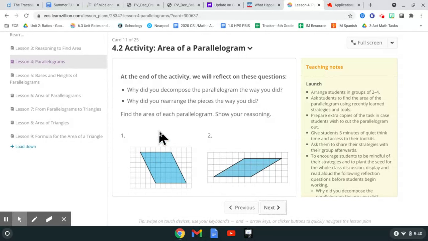So think about numbers 1 and 2, and how could you cut the parallelogram and then rearrange it to form a rectangle? Because we know how to find the area of a rectangle. So pause the video for a moment and you can work together and see how you might chop this up and create 2 rectangles out of these.